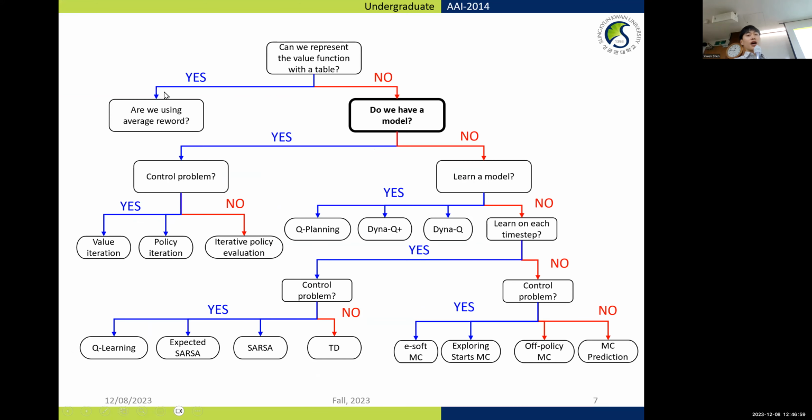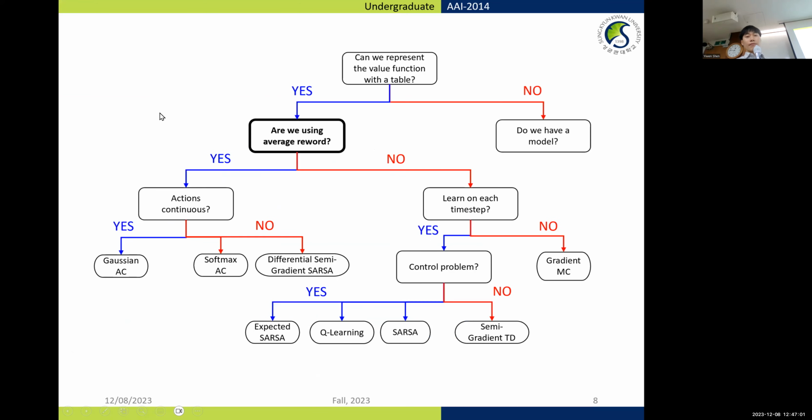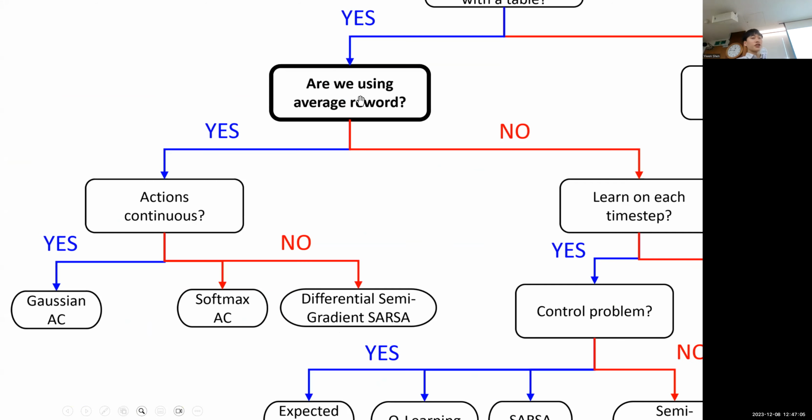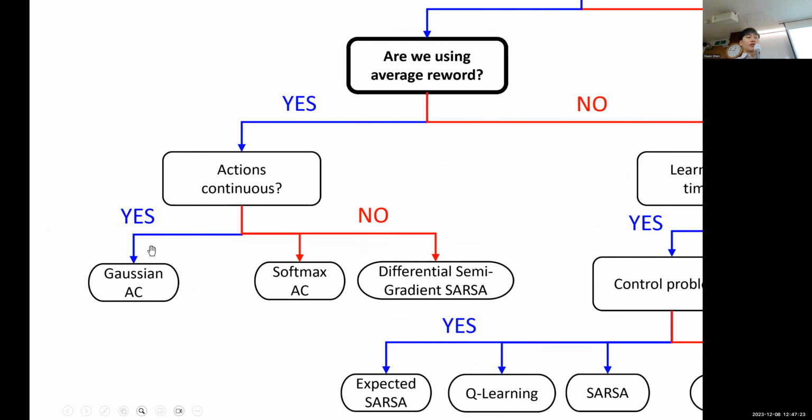If we can make a table, the first question is whether we are using the average reward. Using average reward means it's a continuous problem. Then we also need to ask whether our action space is continuous or not.